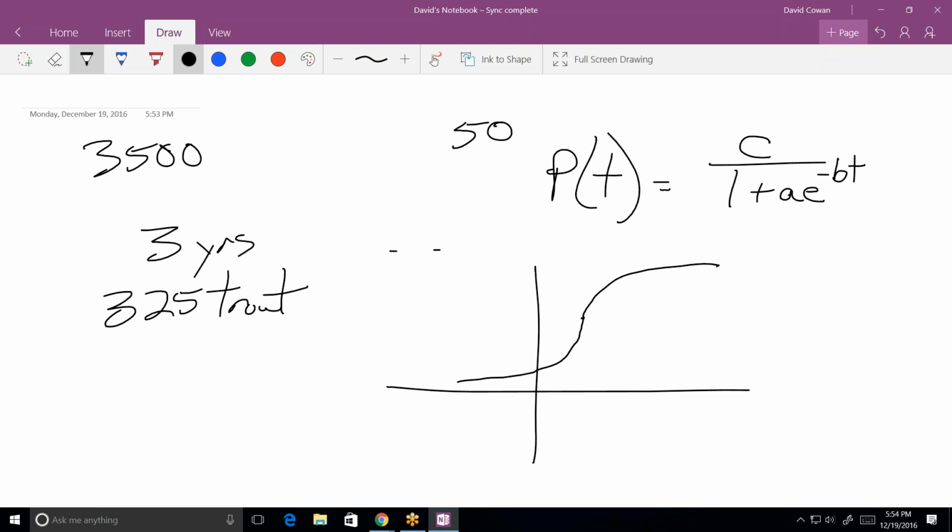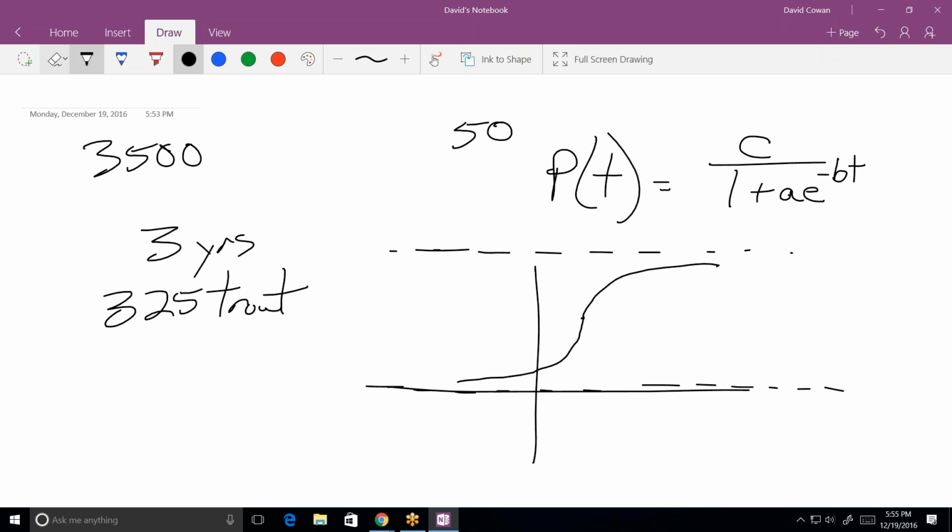And there tend to be two horizontal asymptotes on this type of function. So the bottom one is probably y equals 0. It maybe could be y equals 50, but probably not. But let's see if we can solve this equation. P of t being the population of the trout based on time.